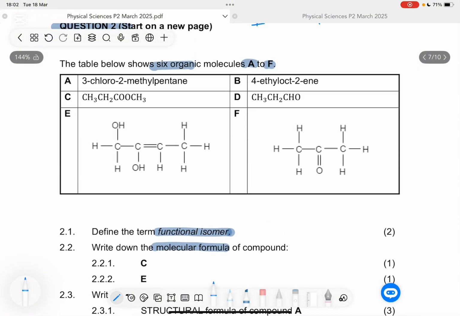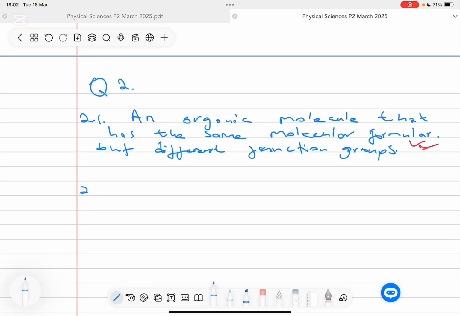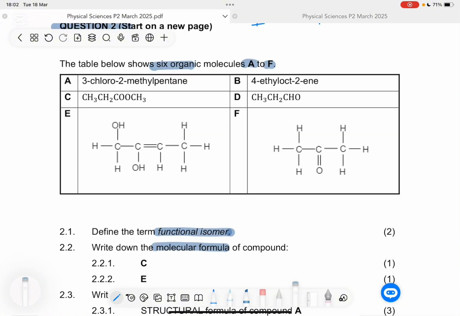Now let us go to compound C. Molecular formula, remember, only shows the number of each atom that is in the molecule. So I literally come here and count each atom. We start with carbon. As usual, you can see that I have 1, 2, 3, 4 carbons. In terms of my hydrogens, I have 3, I have 5, then I have the 3 again.